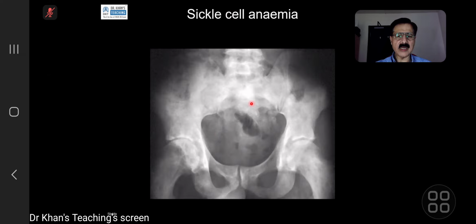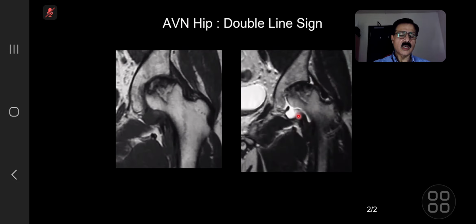It is not completely diffuse, it is sort of a hybrid type of model. So this patchy increased bone density can happen also in sickle cell. It is the same pathology which is happening, avascular necrosis.